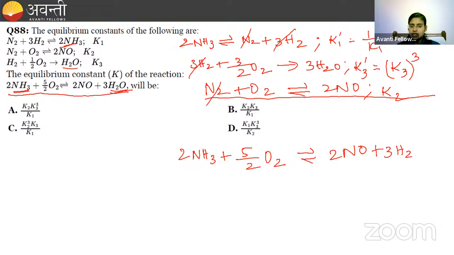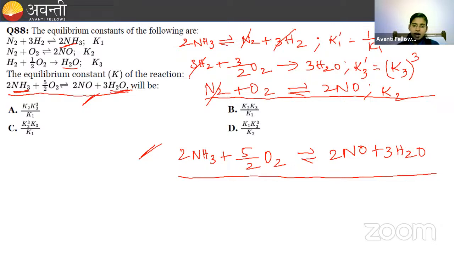This is the equation we get by adding all 3. Since I'm adding all the 3 equations, I'm getting the same desired equation.